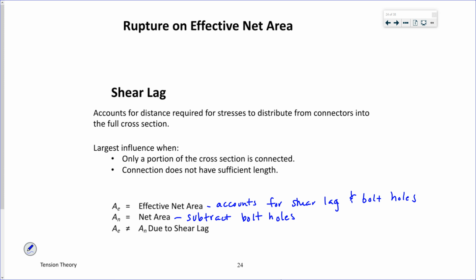Right? They are not equal due to shear lag. Well, they may not be equal. There are instances when they can be equal, but they may not be equal due to shear lag. So first you have to calculate a net area, and then you have to multiply it by some factor to get your effective net area.